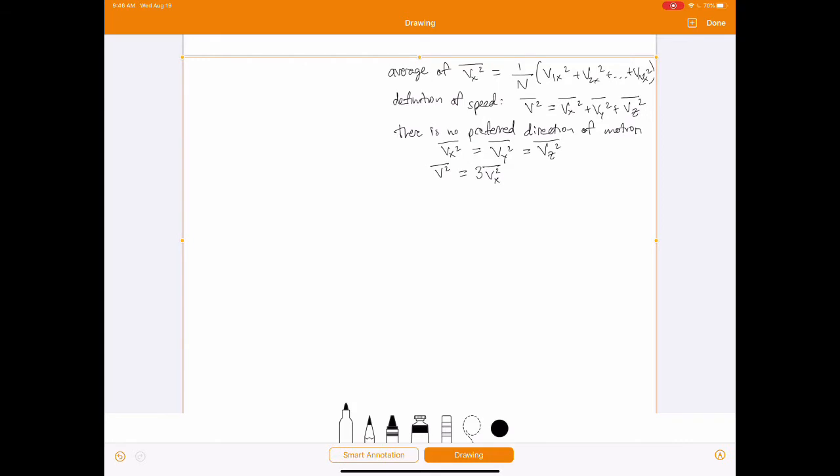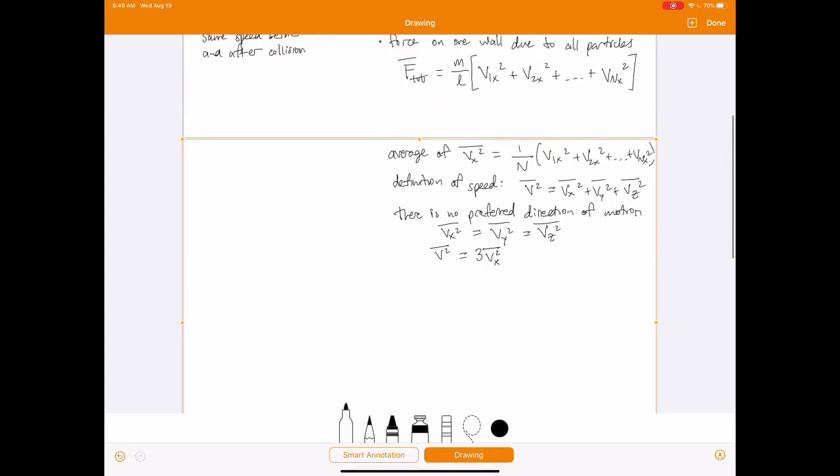Okay? So therefore, let's go back to our force expression up here. What is that term in brackets? Well, that term in brackets again is v1x squared plus v2x squared plus ... We know we can write that as n times the average of Vx squared.